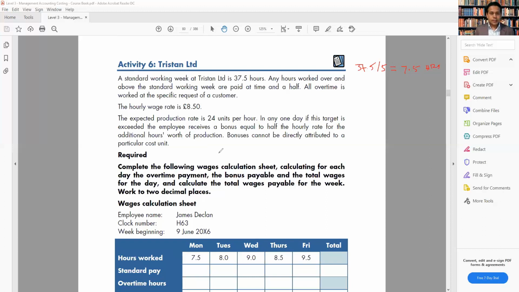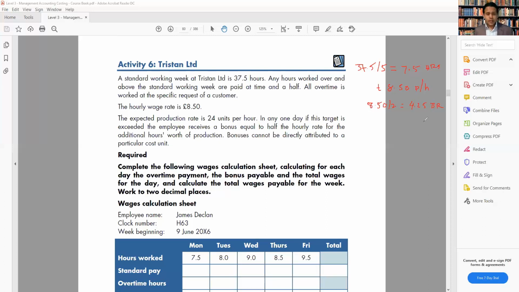Okay, and per hour they will get 8.50 per hour, and the bonus is half of the hourly rate. So if I divide by 2, that will give me the half. So 8.50 divided by 2 is 4.25. That is the bonus rate.